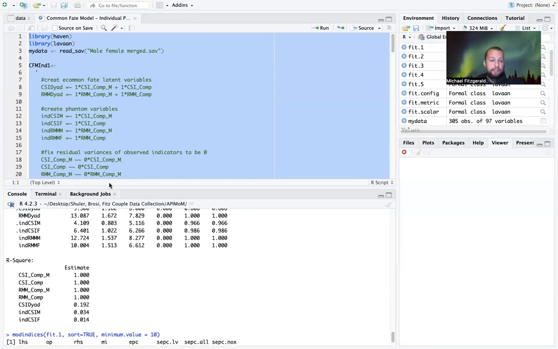So this is the basic common fate model with individual parameters. To the best of my knowledge, it doesn't have an official name. So I think I've just been calling it the dual level common fate model, where you're estimating individual level and relationship level processes.